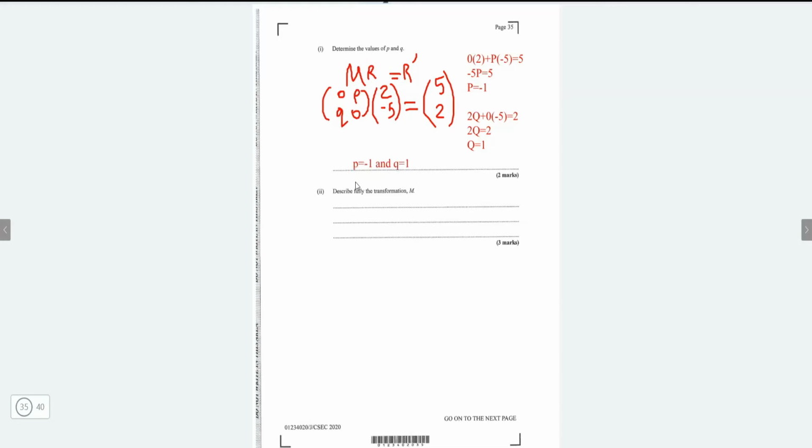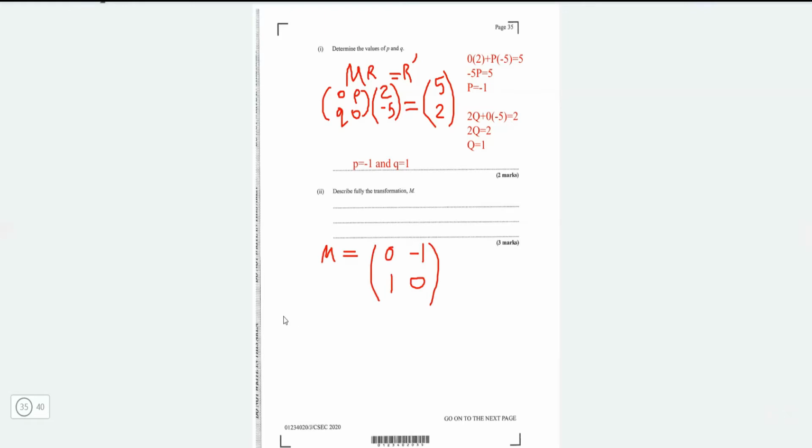Now the next thing says describe fully the transformation M. So the transformation M is equal to (0 p; q 0), so it's equal to (0 -1; 1 0). This right here is a 90 degrees anti-clockwise rotation. How do I know that?